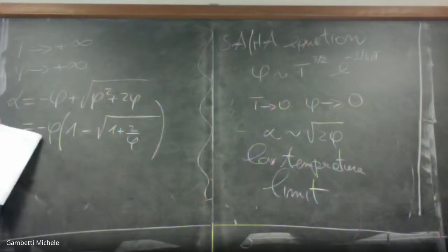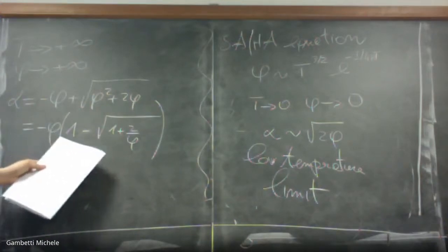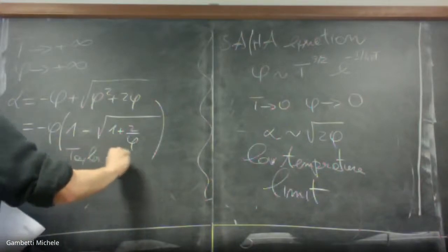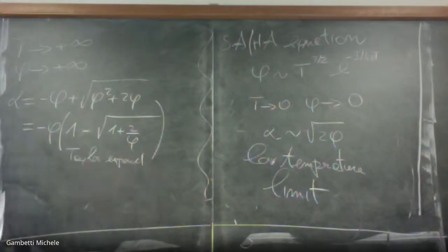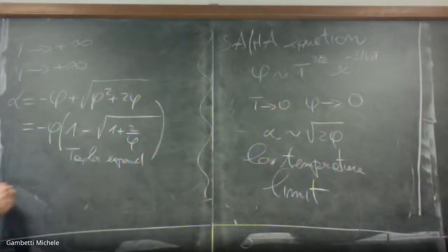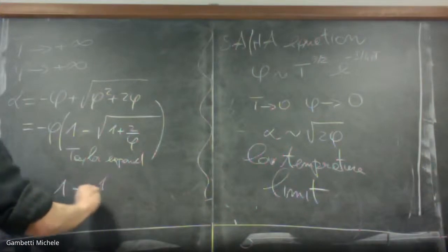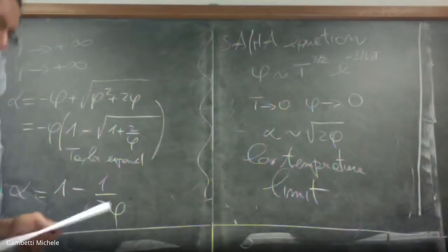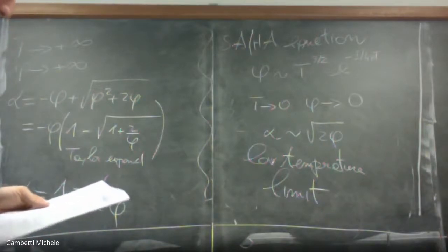Now I can do a Taylor expansion in powers of 1 divided by phi, which is an infinitesimal quantity, and I need to go to the second order. I don't need to do these calculations, but basically what you get if you Taylor expand this quantity is a scaling, which is 1 minus 1 divided by 2 phi, up to the second order in 1 divided by phi squared.